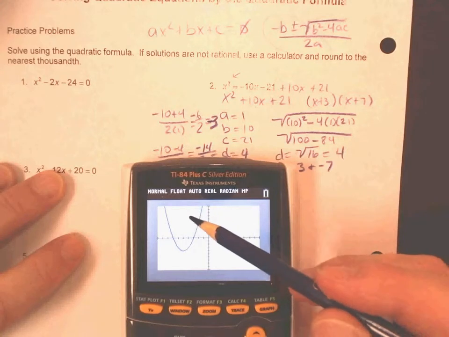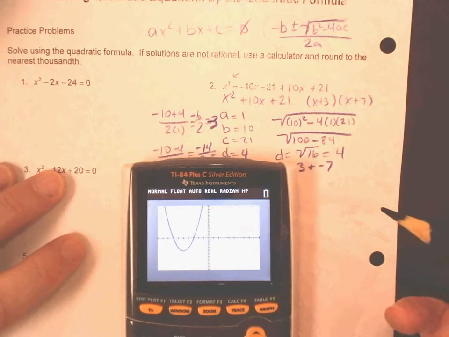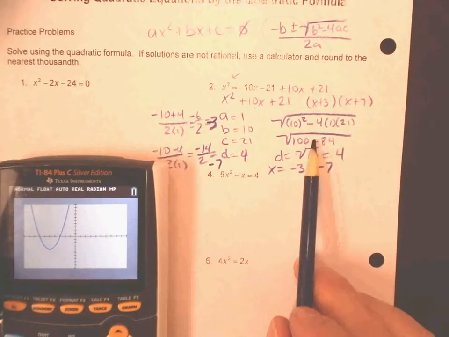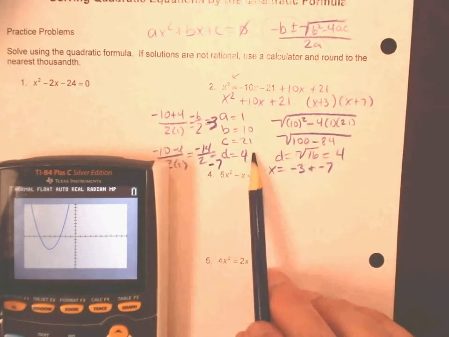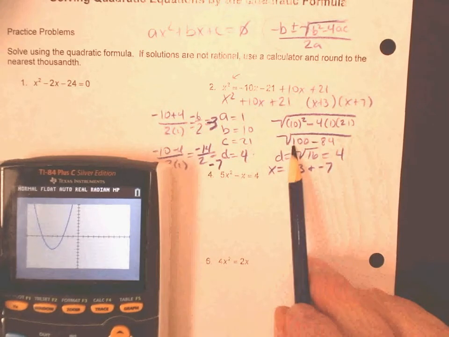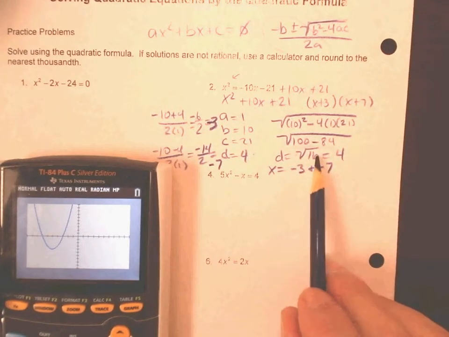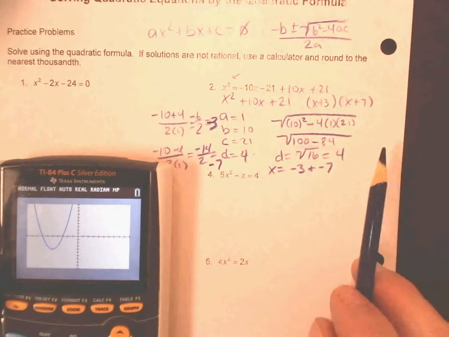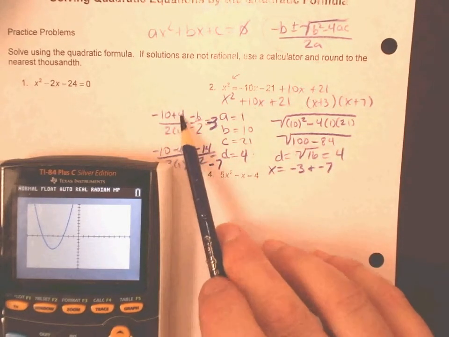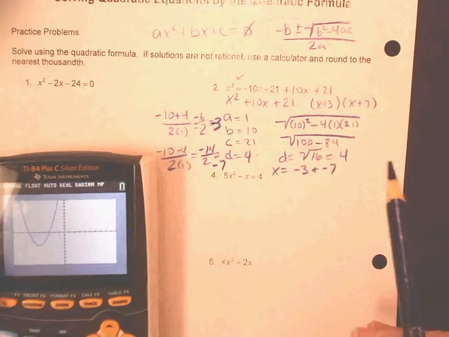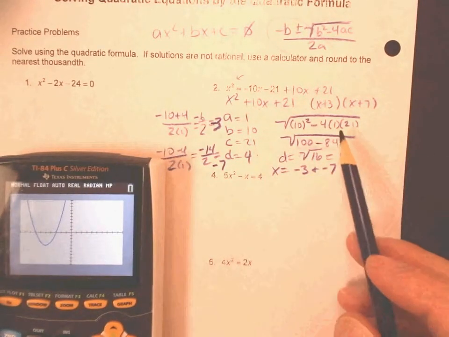Or it could be no solution, where this parabola would come down and not ever touch the x-axis. When I end up with a positive number for my discriminant, I have two solutions. When I end up with my discriminant being 0, then I only have one solution, because negative 10 plus 0 and negative 10 minus 0 would be the same value.